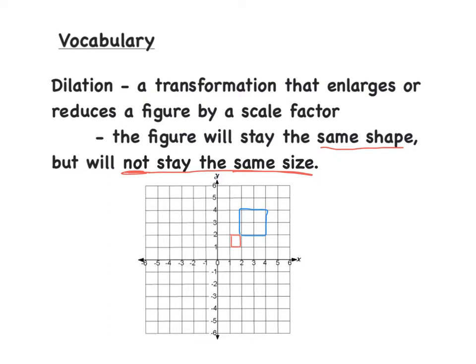Now, it's the same shape as the blue one, but it is not the same size. The blue one is actually 2 times larger than this red one. So this is an example of a dilation. It's the same shape, but it's not the same size.